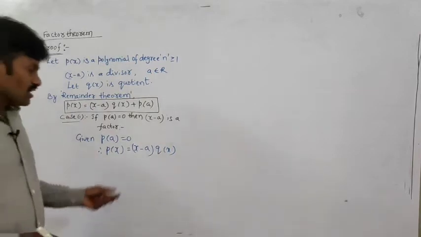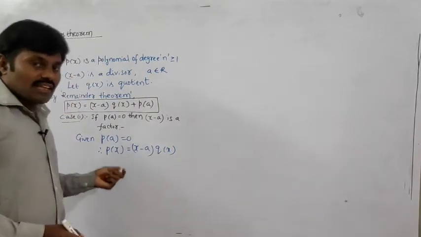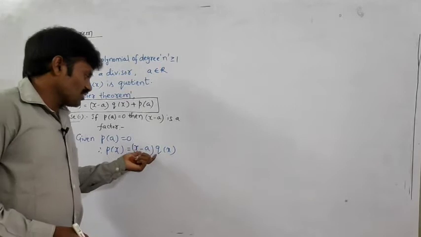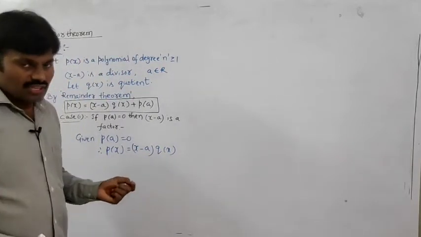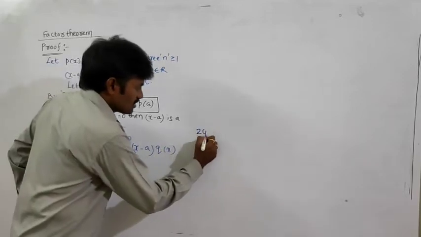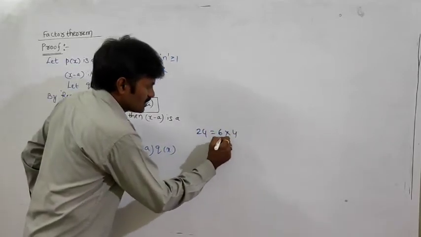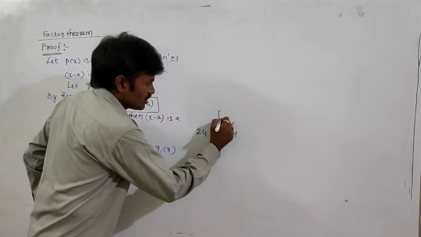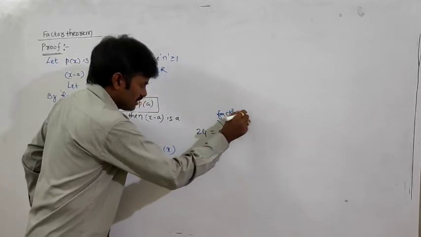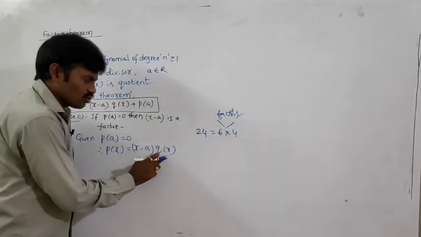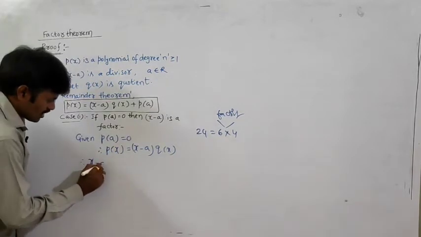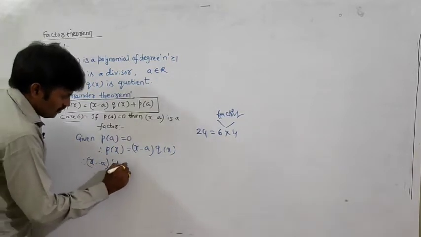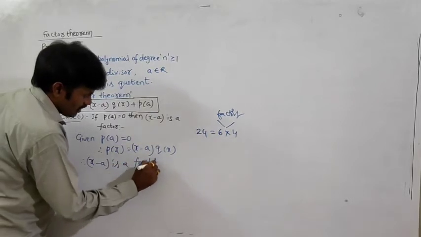That means, what is the meaning of this equation? p of x can be written as a product of x minus a into q of x, two polynomials. If 24 can be written as 6 into 4, so what are 6 and 4? These are the factors. Similarly, here what are x minus a and q of x? These two are the factors of p of x. Therefore, what can you say? So x minus a is a factor of p of x.